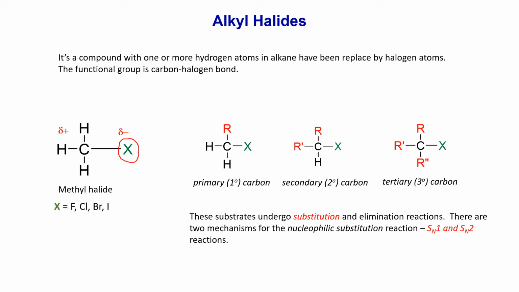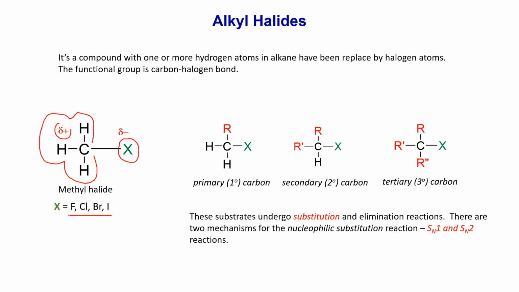So we put an X here because the halogen atom can be fluorine, chlorine, bromine, or iodine, right? So you still have this CH3 group, the methyl group here, but the X can be any of the halogen atoms bonded here.